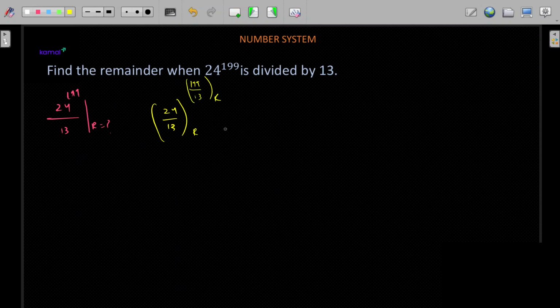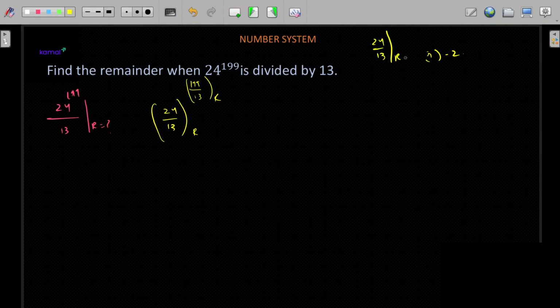To find my remainder, 24 by 13, my remainder is going to be, what is the highest multiple of 13 which is less than 24, which is 11 or minus 2. So we can replace positive remainders with negative remainders also.